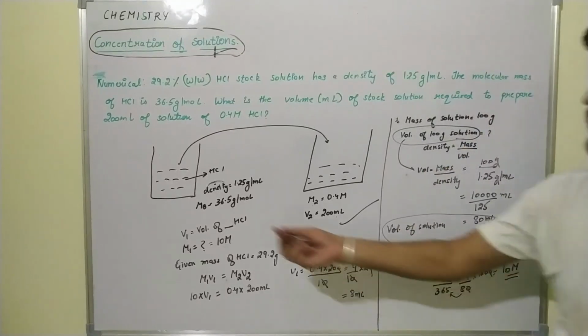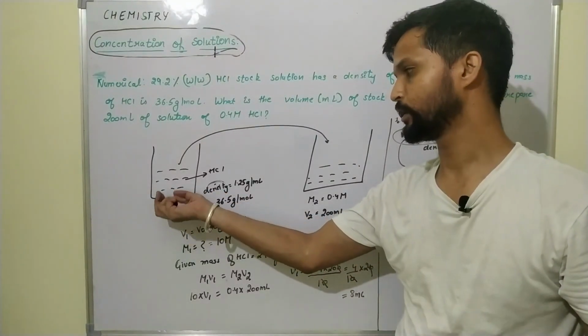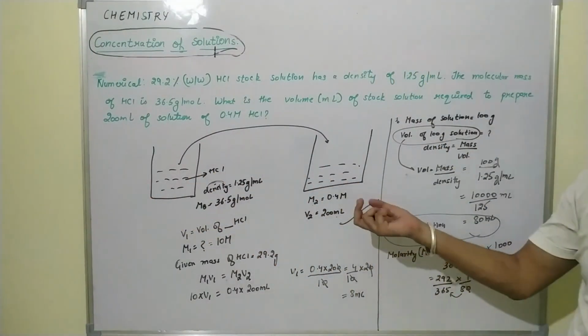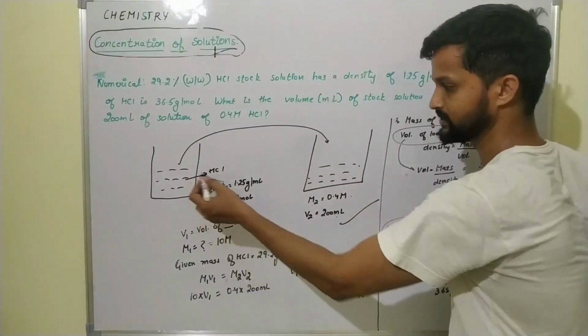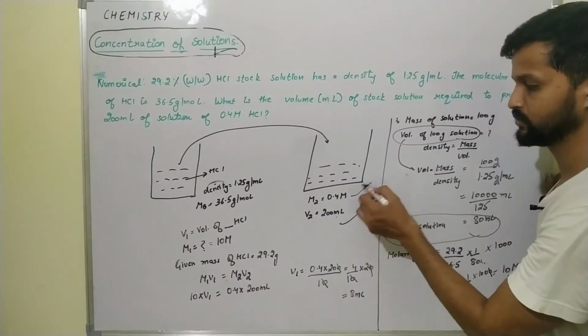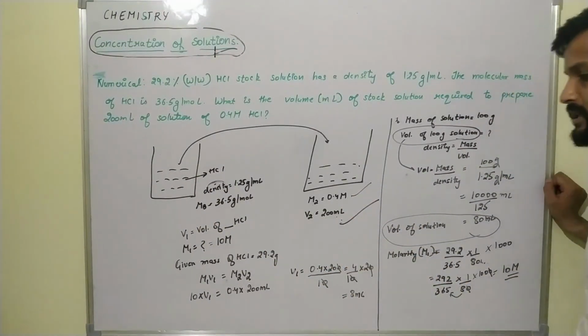That means if I take 8 milliliter of this solution, that solution will become 0.4 molar. If we take 8 ml of this solution, at that time the molarity of the solution is 0.4 and the volume is 200 ml.